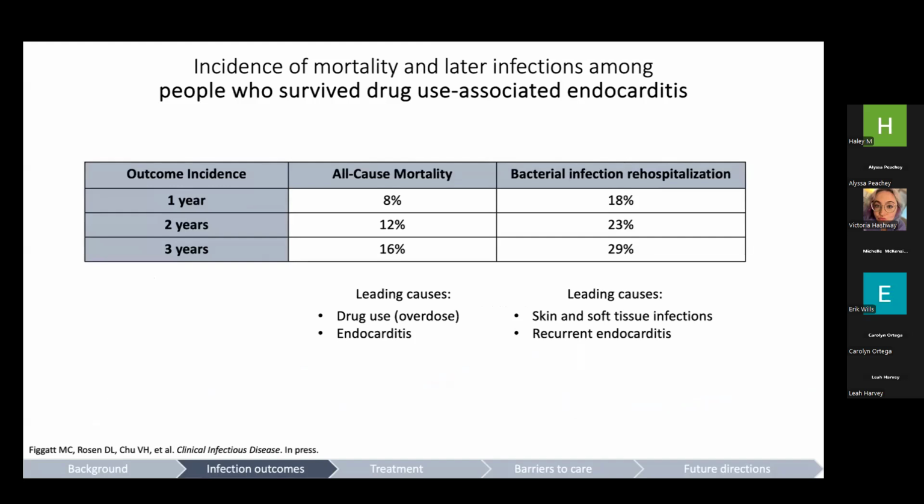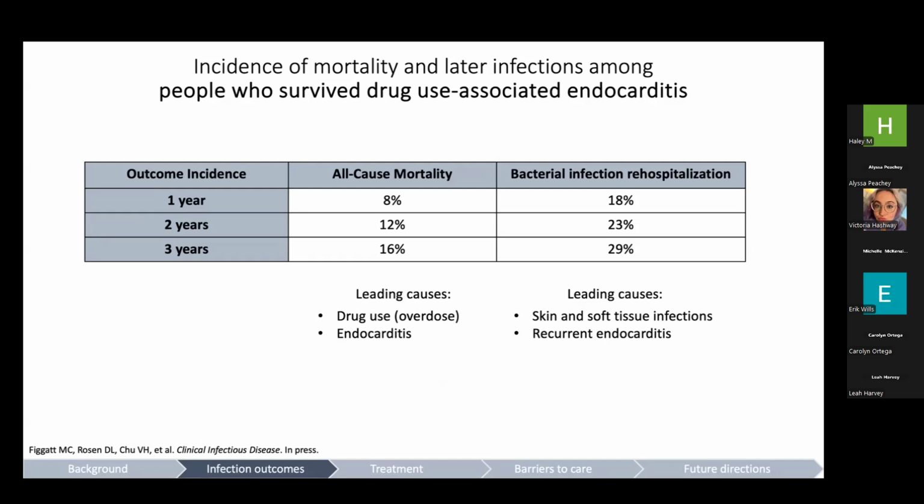And so then looking at people who survived drug use associated endocarditis, what we see is that the long-term mortality is pretty high among this population. So even when people survive an initial endocarditis infection, there's still high mortality, where 16% die within the first 3 years of follow-up.